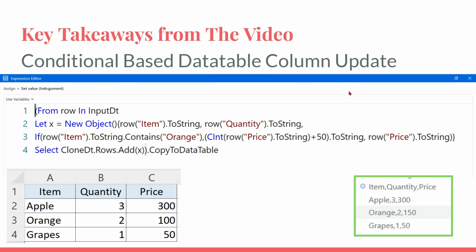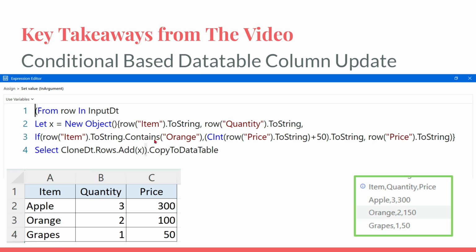Now let's move on to the second requirement, a condition-based requirement. The condition was: if the item contains orange, then the value should increase by 50. Otherwise, you should not change the values. Again in the same syntax we wrote the item and the quantity column. For the price column, after the comma, we added an if condition: if row item dot toString contains orange, then convert that to integer and add 50.